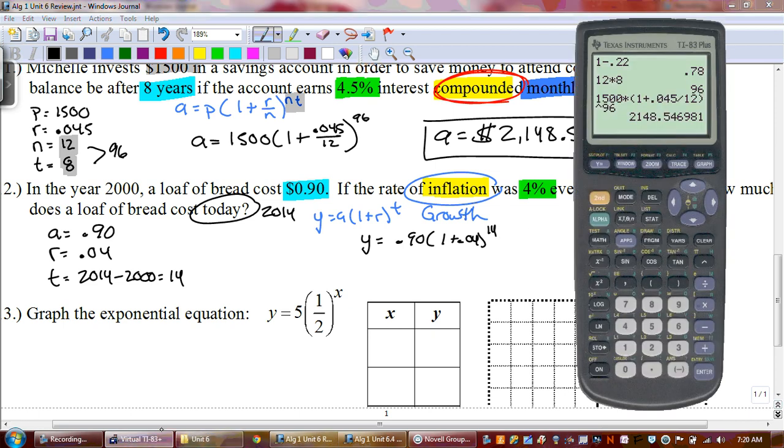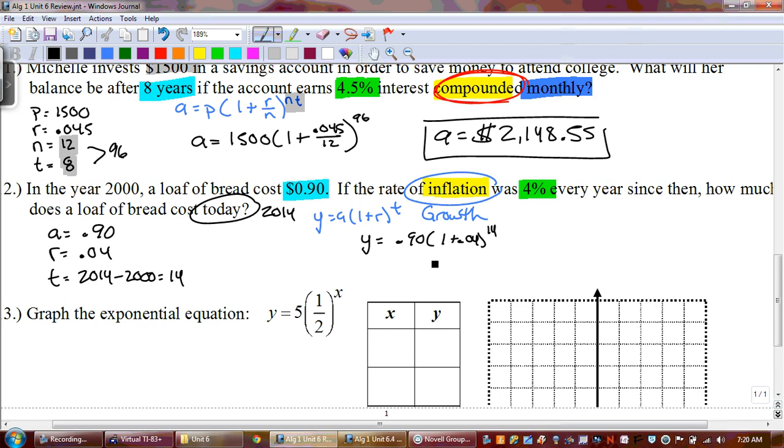And once again, you can just plug that in. 0.90 times (1 plus 0.04) raised to the 14th power. And remember, we need to round our answer. So the bread costs $1.56. And there we go.